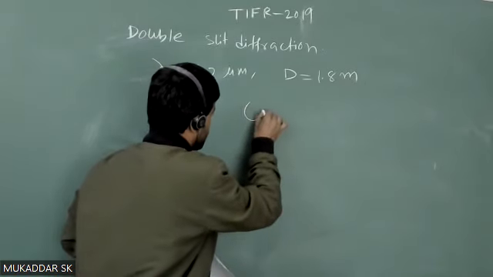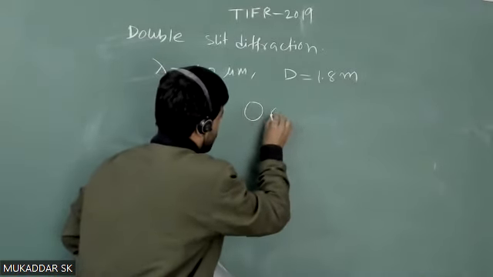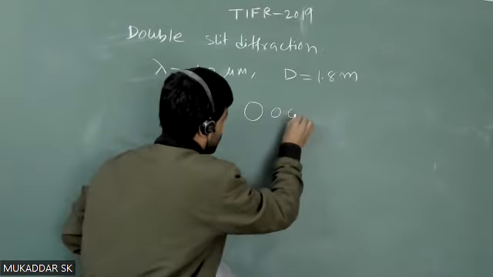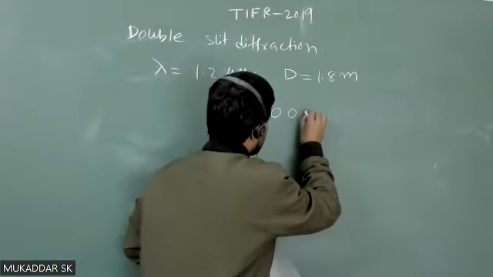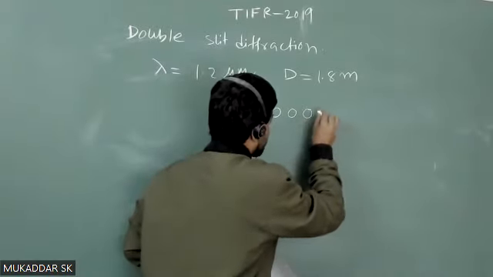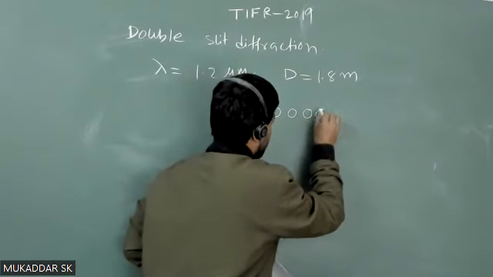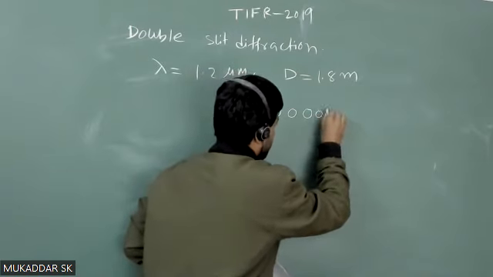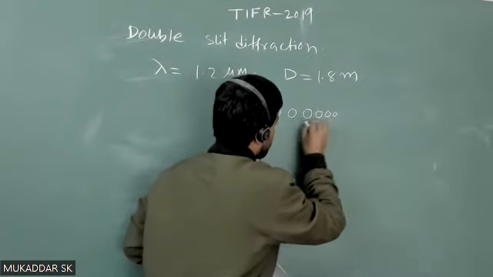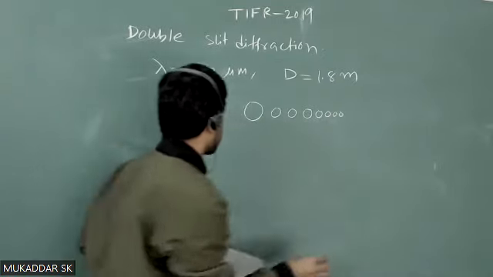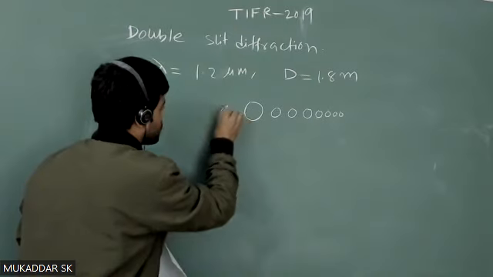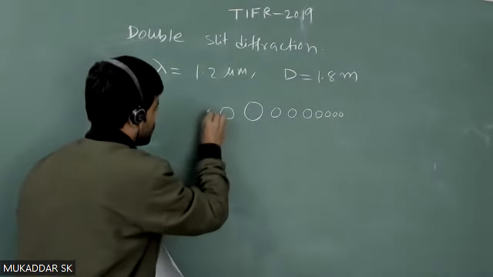There is a central bright, and these are basically primary maxima. This side also you have a primary maxima like this.